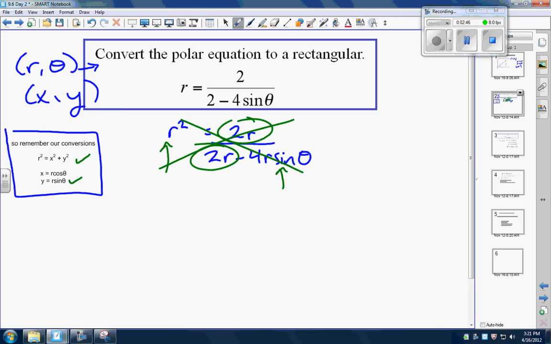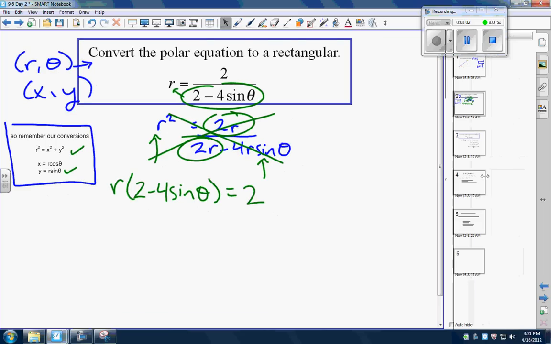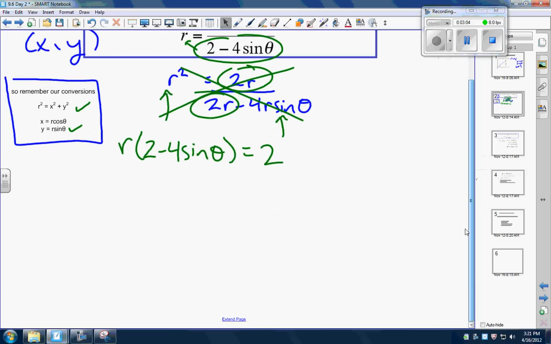What we're actually going to do in this case is take this and multiply it across and see what happens. So that's the exact same thing. If we distribute now, we have one substitution we can do.